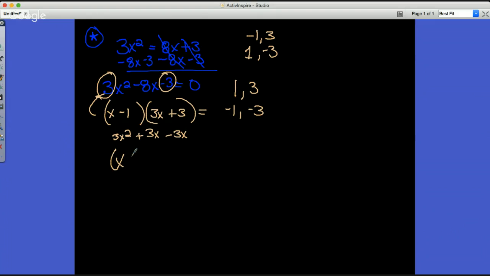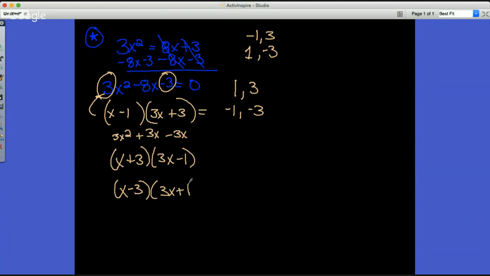Let's flip-flop those and say x plus 3 and 3x minus 1. Okay? Now, as I distribute, this could get 8x, but it'd make it positive. So we kind of check and guess again, and this time we're going to switch the signs.